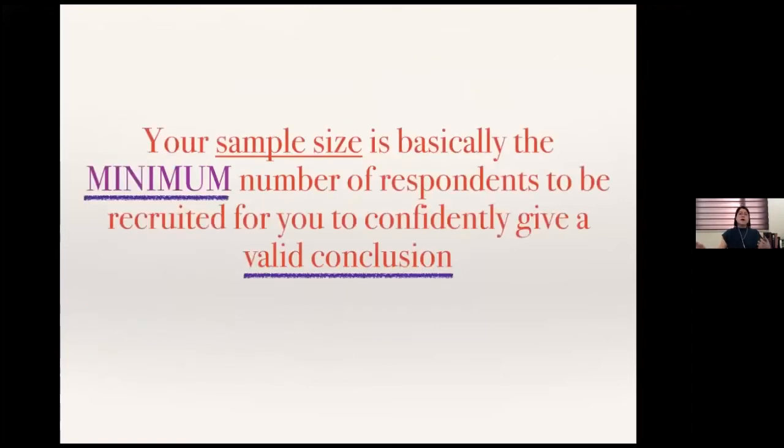So your sample size is basically the minimum number of respondents to be recruited for you to confidently give a valid conclusion. So it can be something as small as 1, or it can be something as big as thousands. But that would be the minimum number of respondents that you need to recruit. No? Because if you do not recruit that minimum number, then you cannot come up with a valid conclusion.